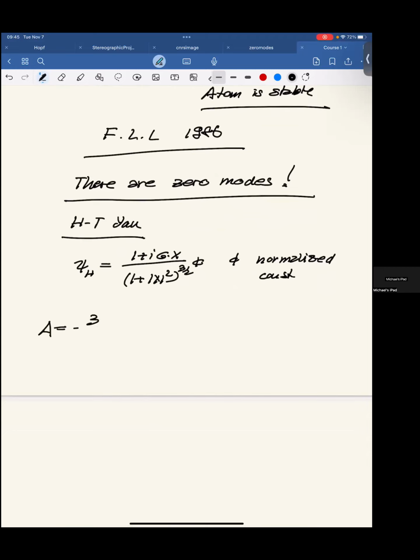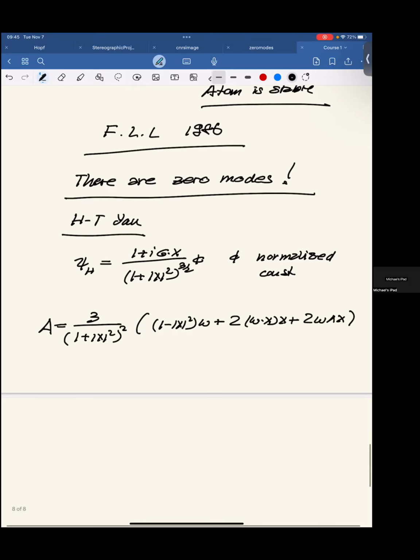The A turns out to be 3 over 1 plus x squared, and then you have 1 minus x squared w plus 2 w dot x x plus 2 w cross x. And this is the cross product. Now, since I use x, then w x x wouldn't be good, so I put a wedge. I hope you don't mind. Of course, the w is now a constant vector, normalized.